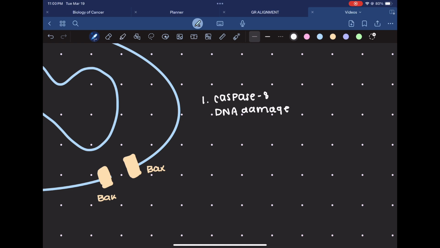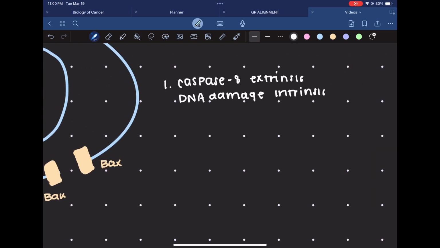So this is my extrinsic signal, and this is my intrinsic signal, right? That tell me that, okay, we need to maybe go through apoptosis. These two signals are going to directly activate the BID death helper protein.